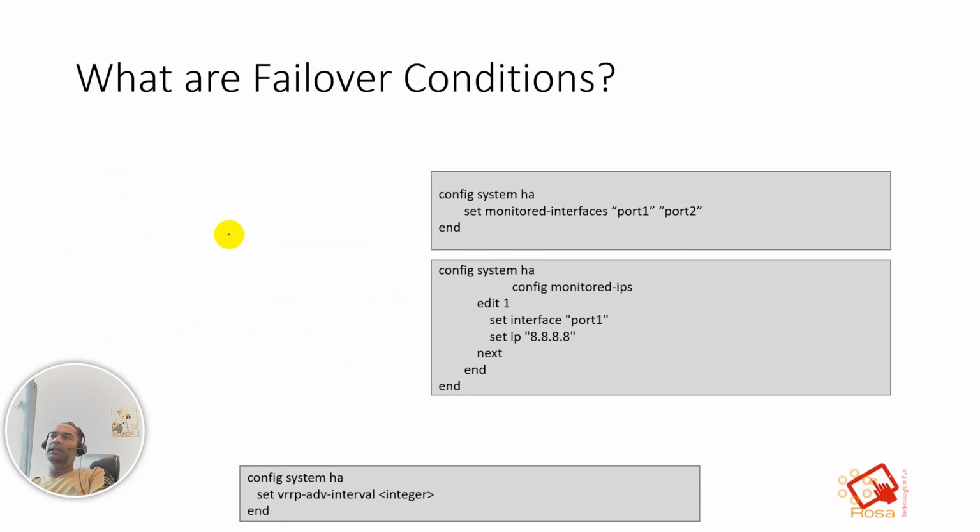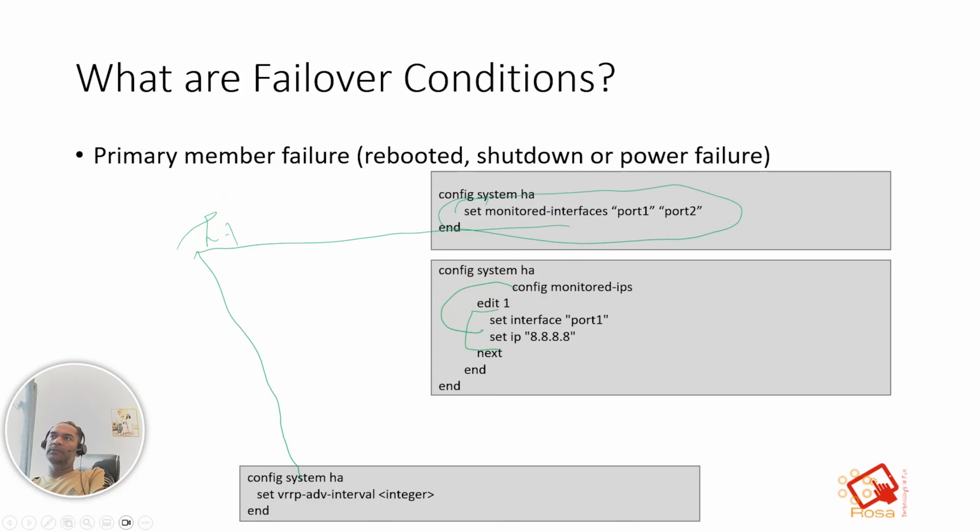What are failover conditions? Failover condition is based on the monitored interface. You have to define a monitor interface and the keep alive. That's it. So the monitored interface you can define, and the VRRP advertisement interval. If you monitor these, then the failover is triggered. Primary member failure like reboot, shutdown or power failure will trigger a failover.